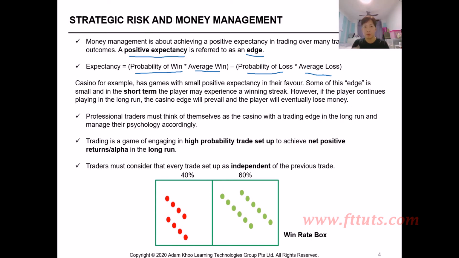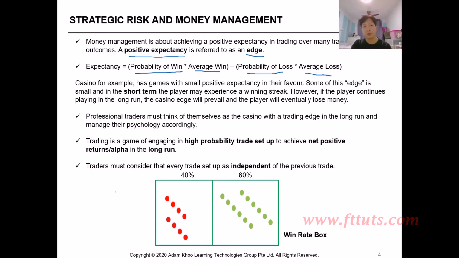This kind of trader is what we call a time bomb. So risk management is of utmost importance if a trader wants to trade long term. You have to train your psychology to see trading as a game of probability, where the edge is achieved in the long run.